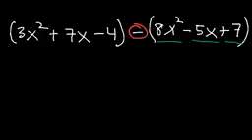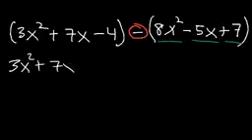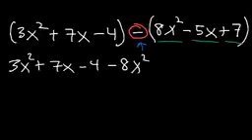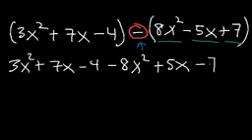We don't need the parentheses on the left side. So it's simply 3x squared plus 7x minus 4. Now you can treat this as a negative 1. So let's distribute the negative sign to everything on the right. Instead of having positive 8x squared, it's going to be negative 8x squared. And instead of having negative 5x, it's going to be positive 5x. And instead of having positive 7, if we distribute the negative sign to it, it's negative 7.